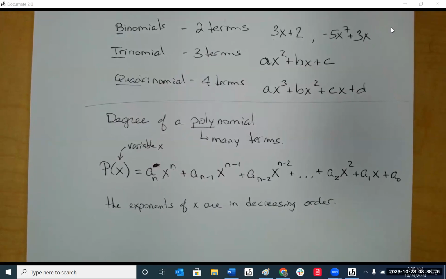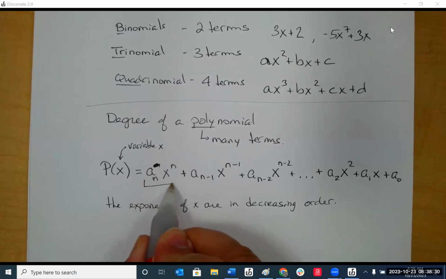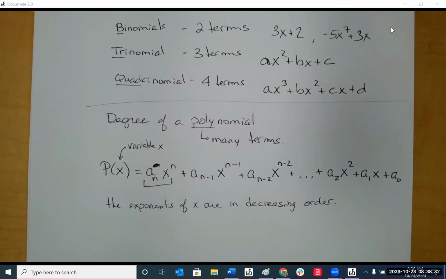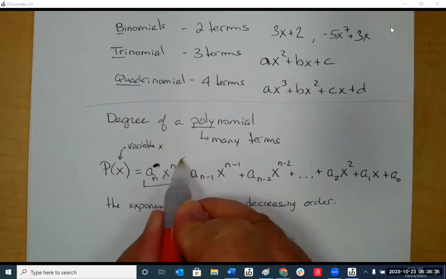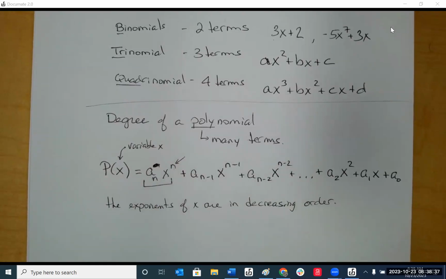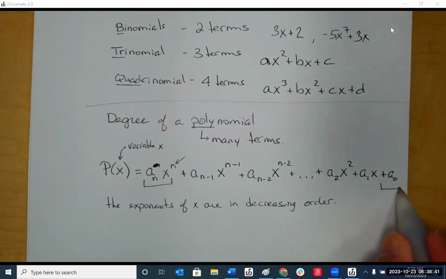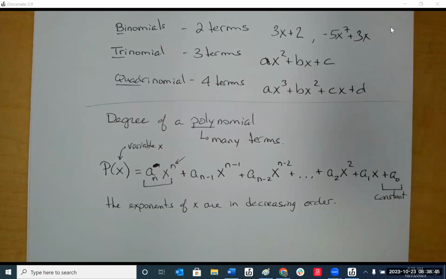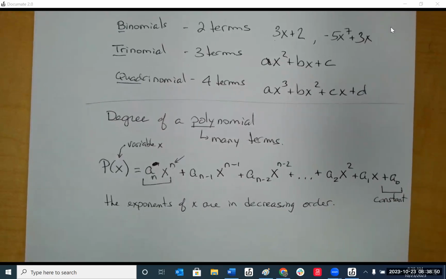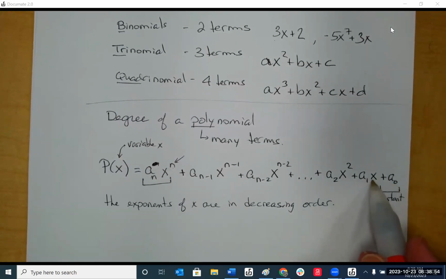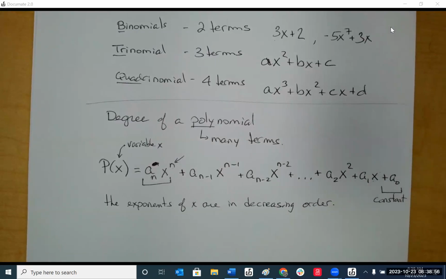That's important because on the very far left should be the largest exponent, and the very far right should be the constant. That's how it should always be set up. If there's no constant, then you'll have just a value with the smallest power of x.